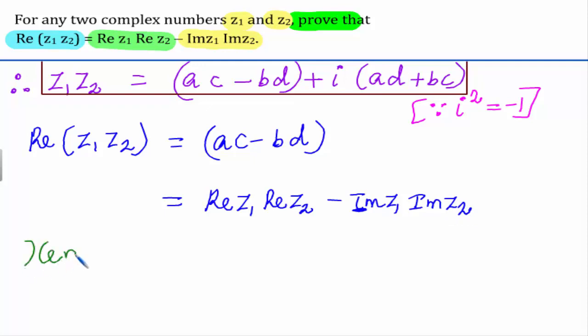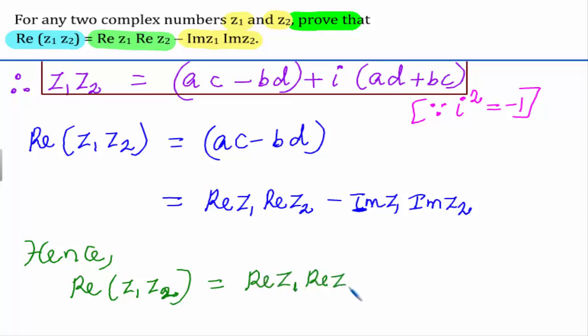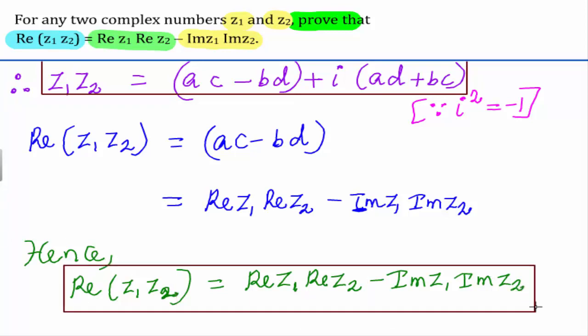Hence, we have proved that real part of z1 z2 is equal to real part of z1 multiplied by real part of z2 minus imaginary part of z1 multiplied by imaginary part of z2. This completes the solution.